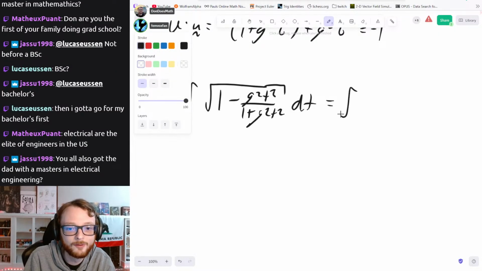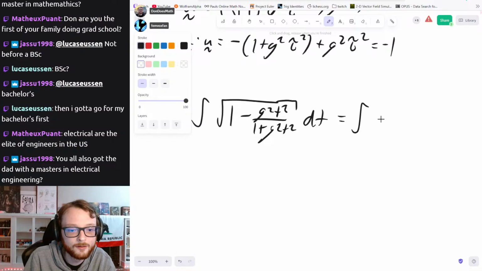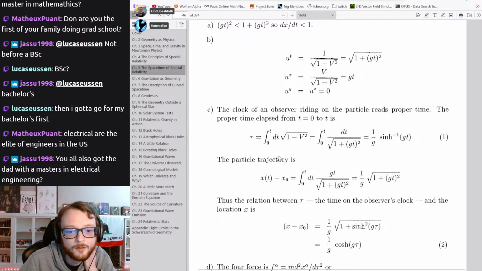You just didn't integrate it. That does just turn into 1 over root 1 plus g squared t squared dt. Is that what the answer key has? I think so. It does.